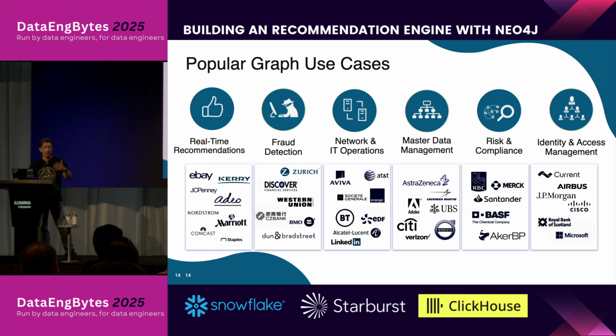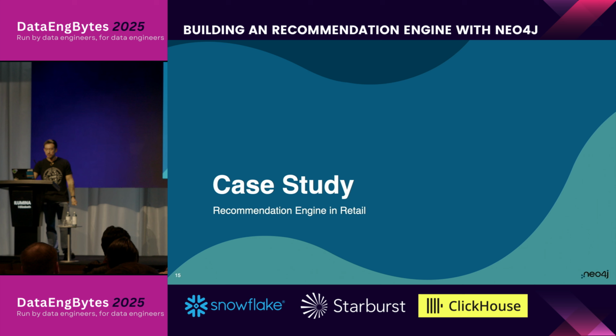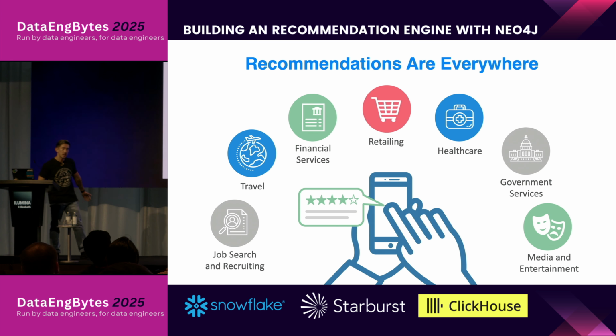And IT networks, as you can imagine, are very naturally graphs. And master data management, risk compliance, all the other use cases. These are the companies that are benefiting from using the graph for that. But let's focus on our recommendation engine use case.